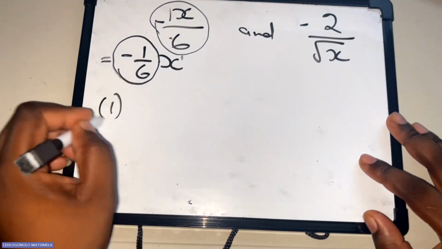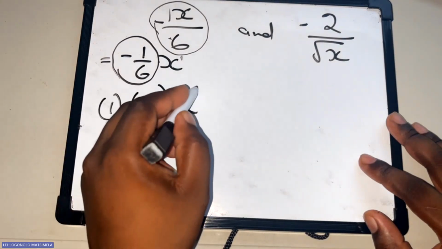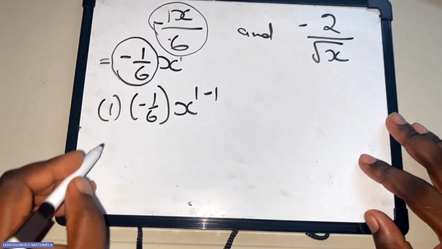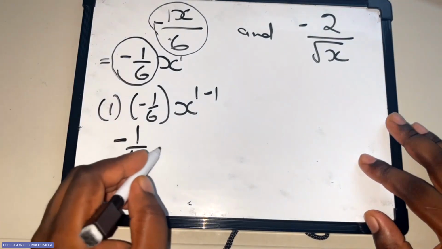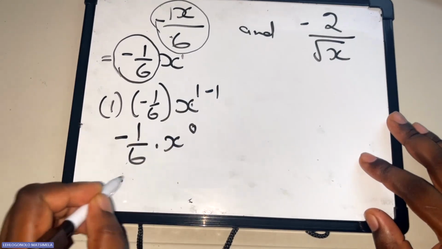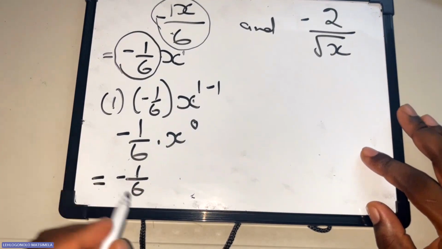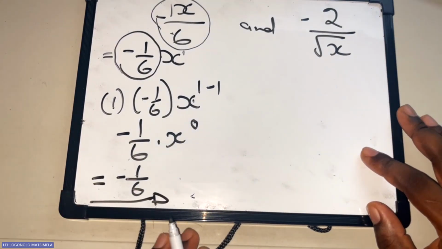Then we'll have 1 multiplied by the coefficient, which is minus 1 over 6. Then x to the exponent of 1 minus 1. Then I will have minus 1 over 6 multiplied by anything to the exponent of 0, which is 1. And the answer is minus 1 over 6. That's the answer. Here, you are done.